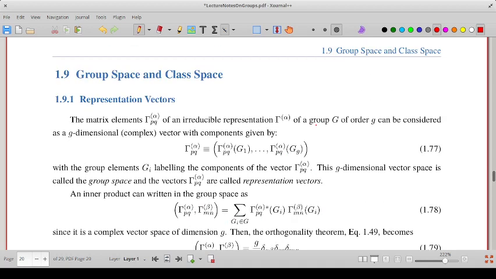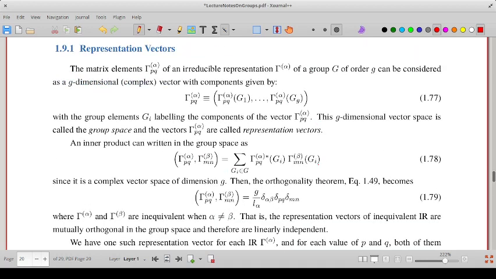But our orthogonality theorem says that the sum over g_i in G of gamma^alpha_pq star of g_i times gamma^beta_mn of g_i is nothing but g by l_alpha, then delta_alpha beta, delta_pm, and delta_qn.